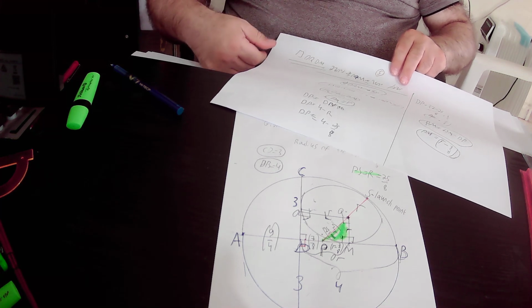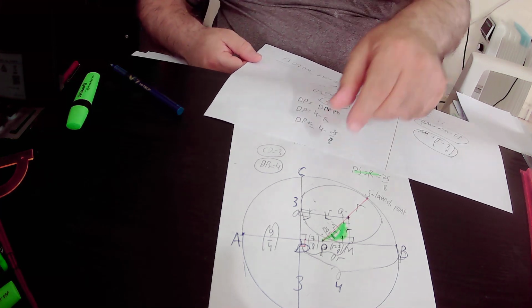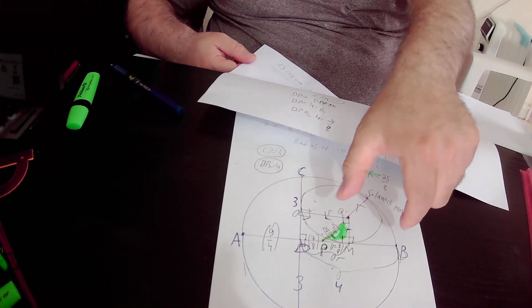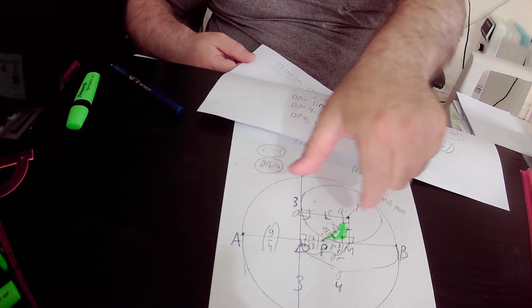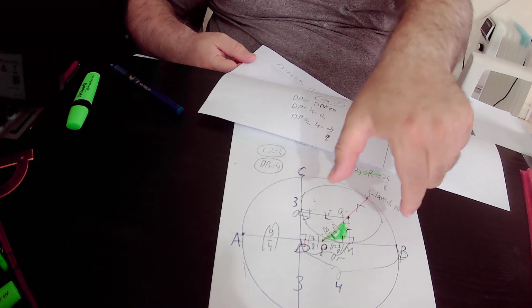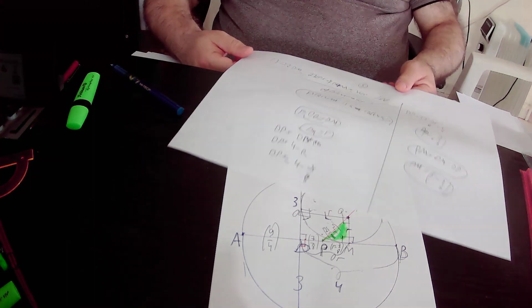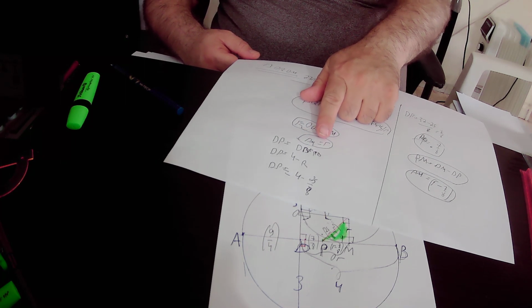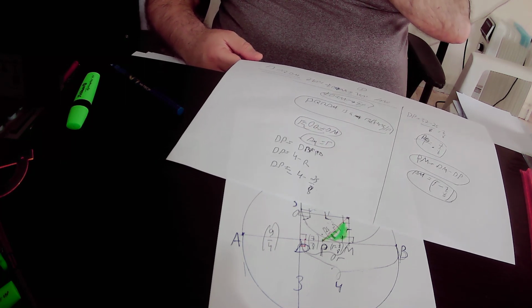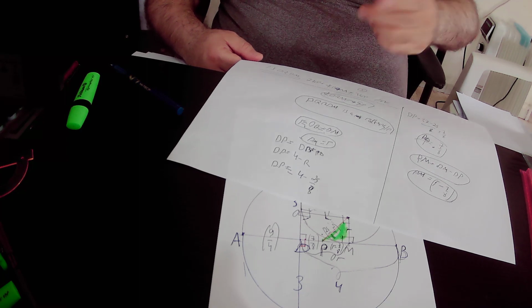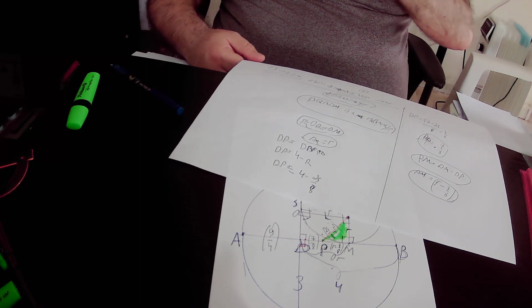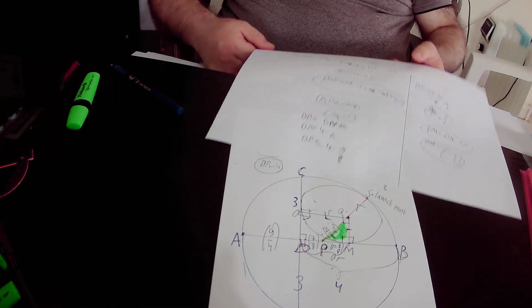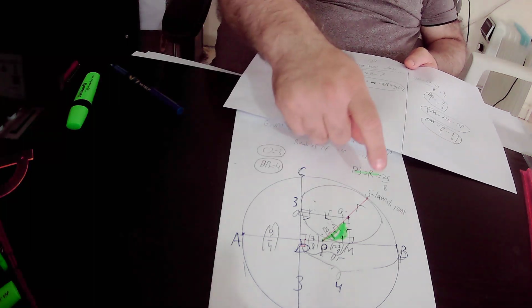Okay, and what is the length of DP? Line segment DP equals DB minus PB. So DP equals DB, which is 4 units according to what is given in the question, minus PB, and PB equals capital R. Why?